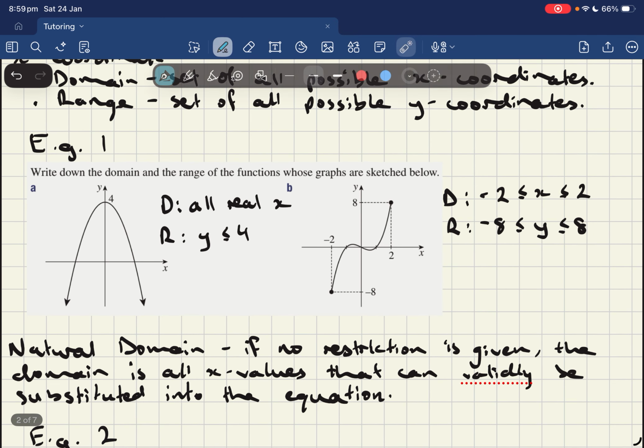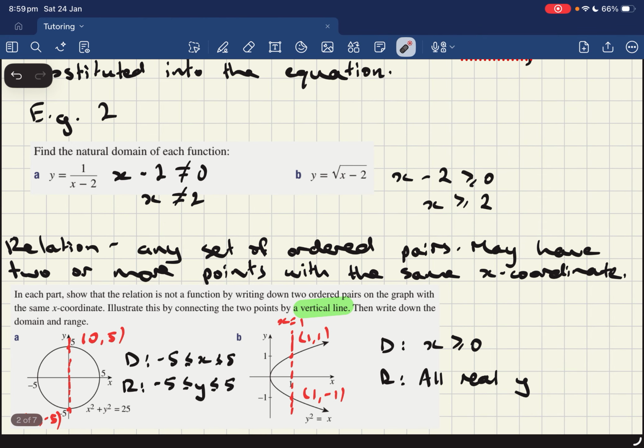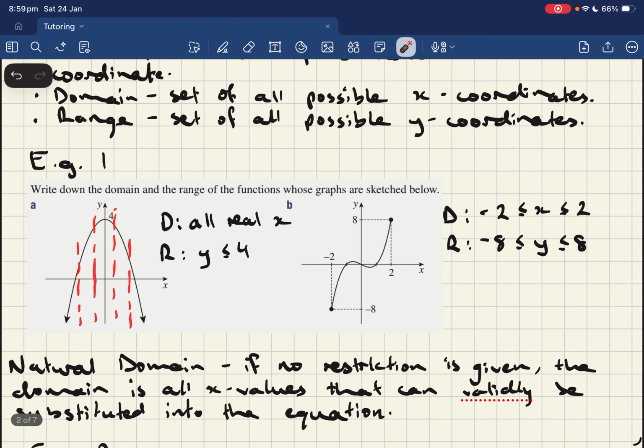These ones, however, if we draw a line through, whether it's here or here or here or here, it doesn't pass it more than once. We need, like we had down here, it passes it more than once. Therefore, it's a relation. Here it's a function.